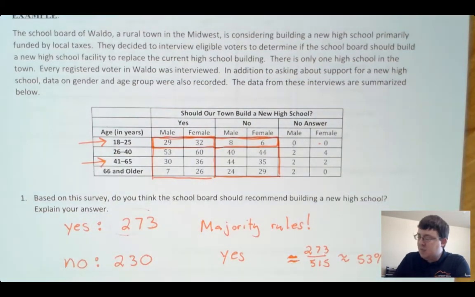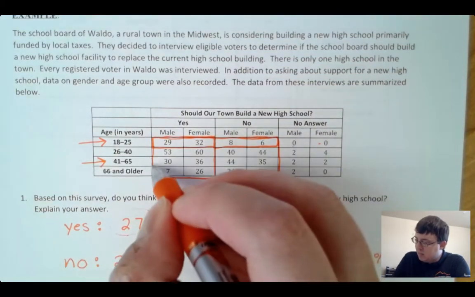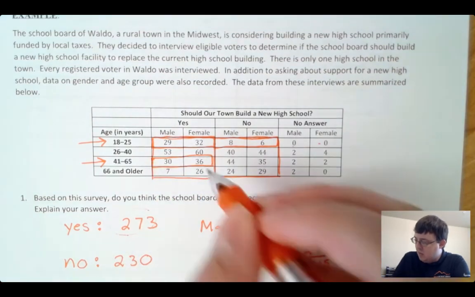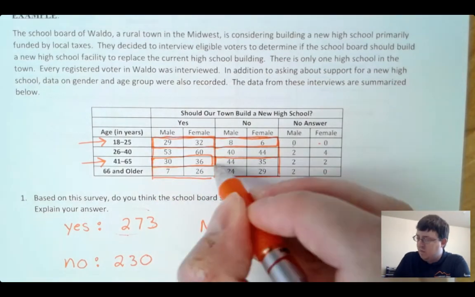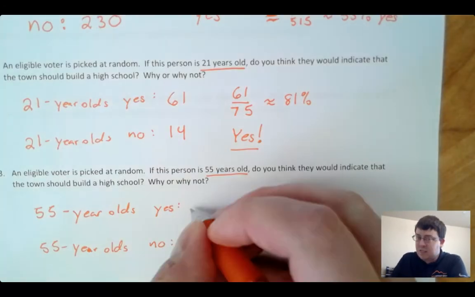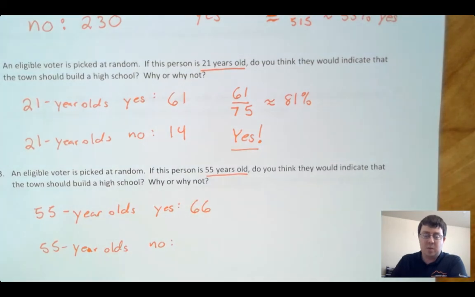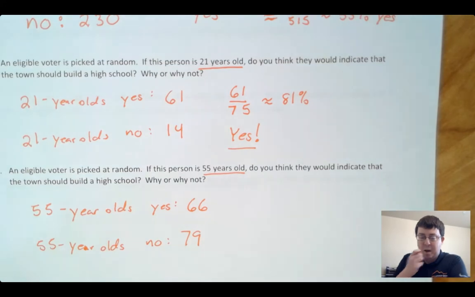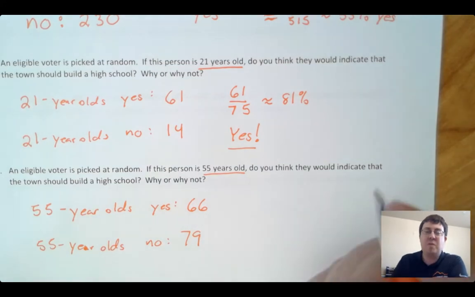So I'd want to be summing the yeses, male and female, for that age group and the no's, male and female, for that age group to figure out what's going on here. So there are 66 people that voted yes and 79 people that voted no. A few people abstained. There were 4 people that abstained.